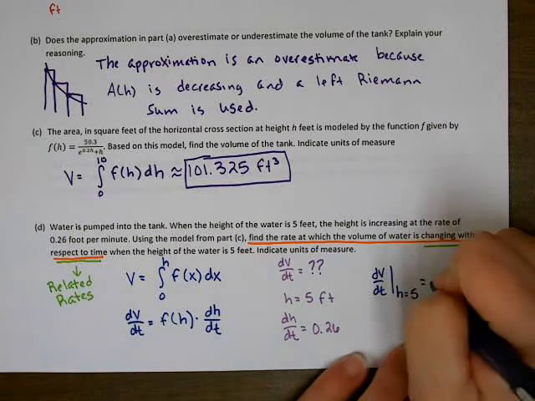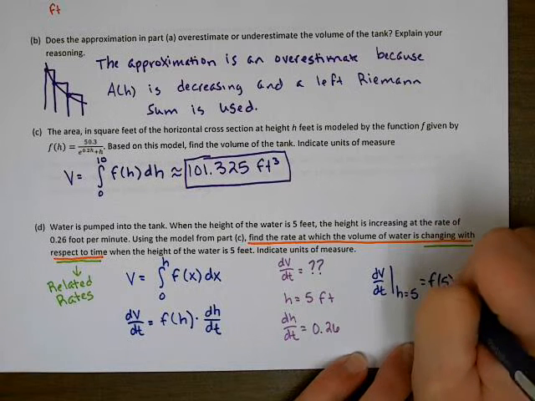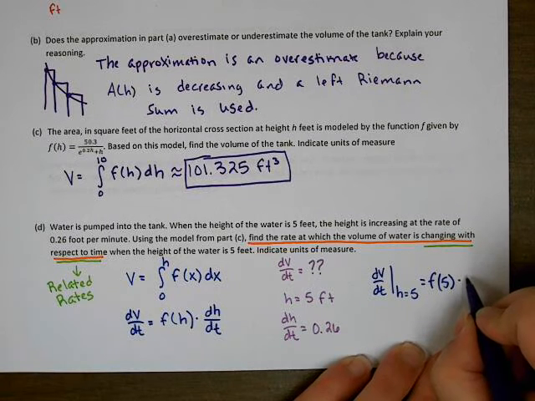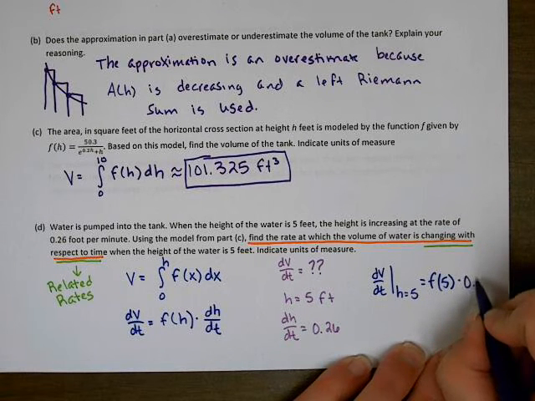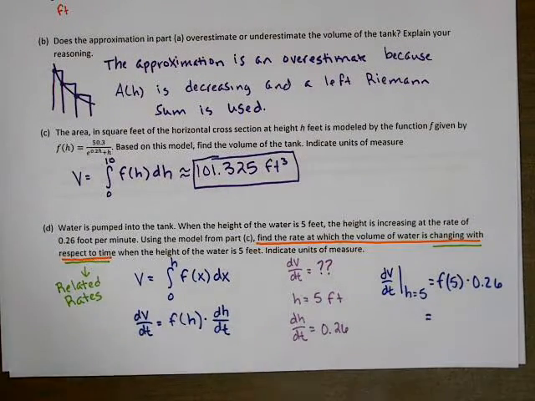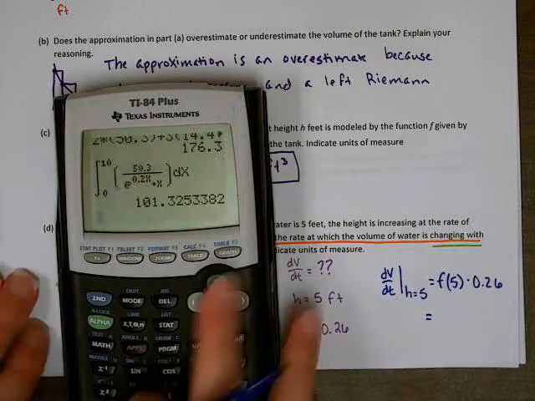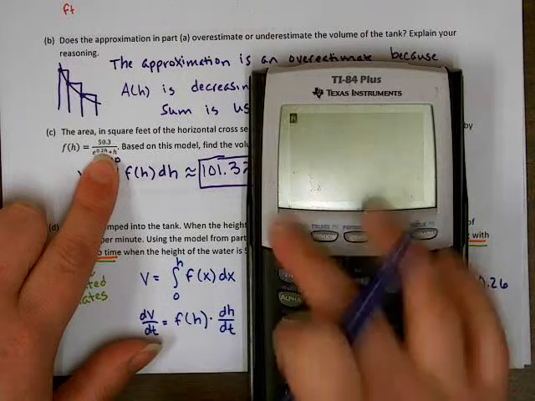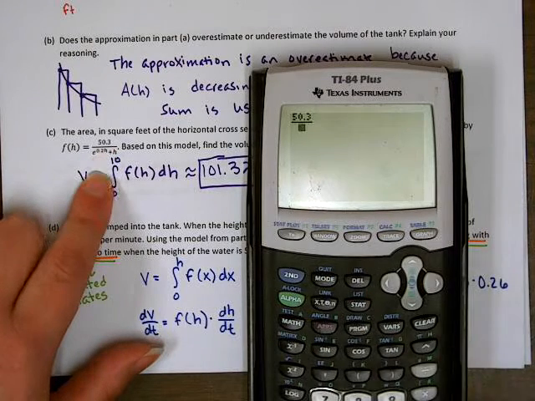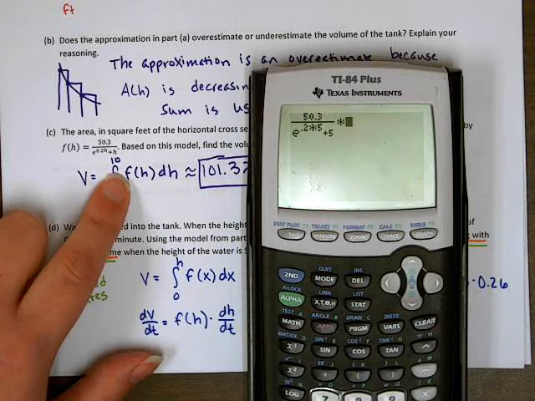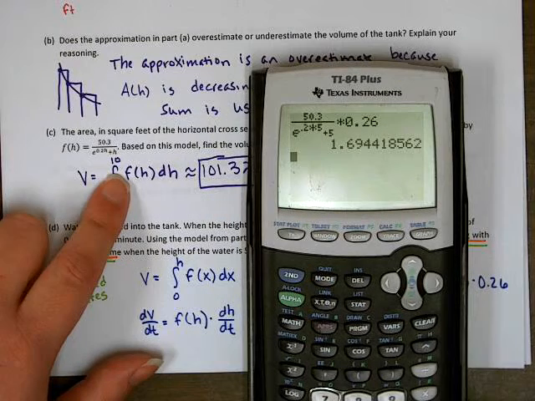So we're going to have f of 5 times dh/dt, which is that 0.26. And so we can put that in our calculator. If I want to do f of 5, it means I'm going to plug 5 into this right here, times 5 plus 5, and then multiply the whole thing by 0.26 because that was my dh/dt.